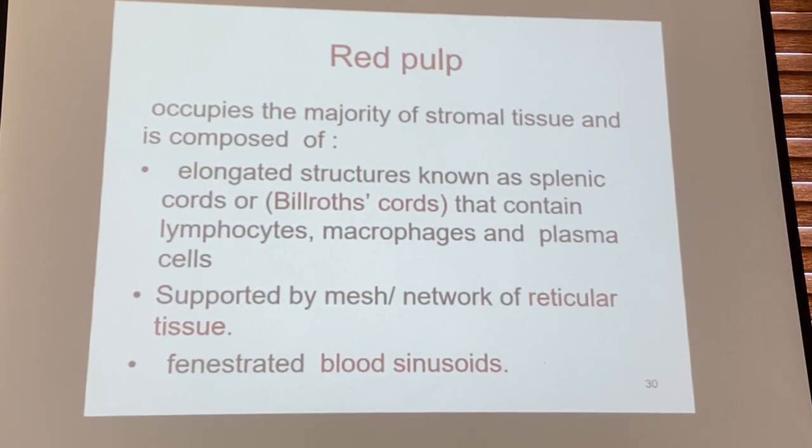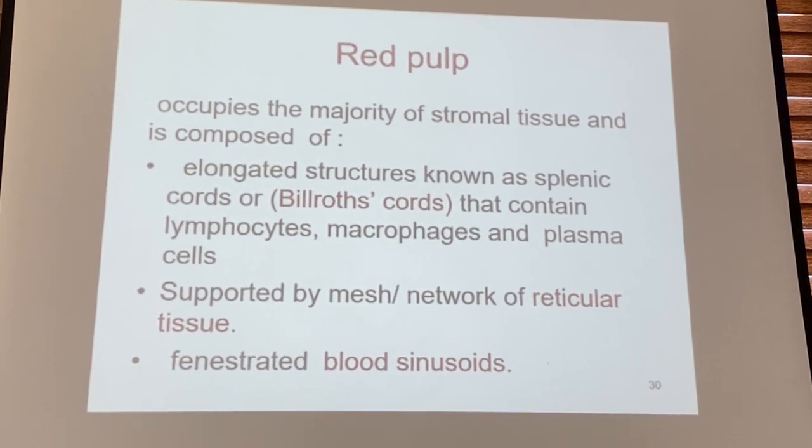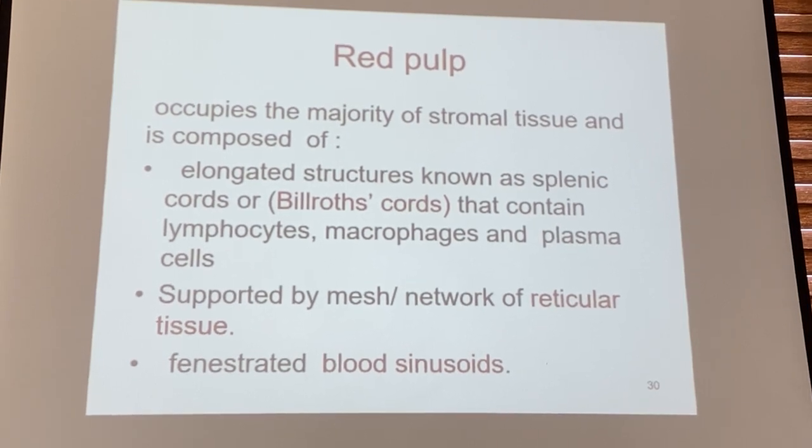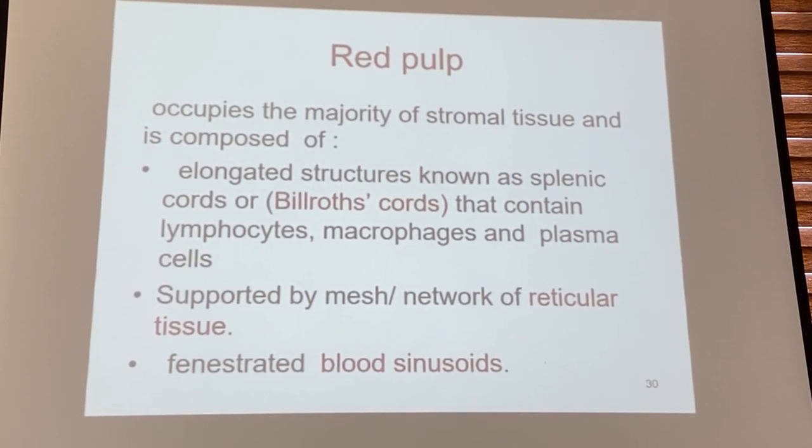I don't know whether Dr. Shirin has discussed the type of the sinusoids or the capillaries for you in the cardiovascular. Blood sinusoids are capillaries but in a larger way, large spaces with thin walls. They are regarded as one type of capillaries.